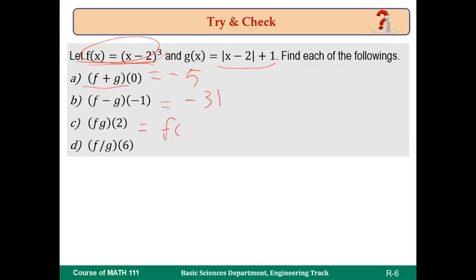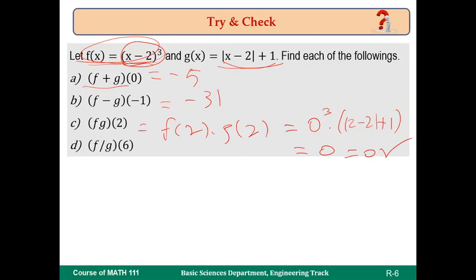The rest is almost the same as before. f of 2 times g of 2, and when you put f of 2, you will get 0 cubed, and then the rest will be the absolute value of 2 minus 2, plus 1, times 0, you will get 0 here.